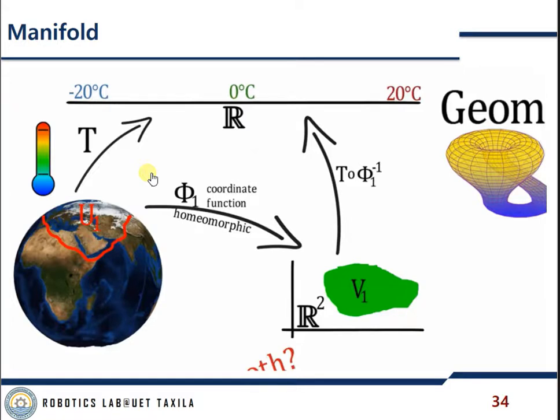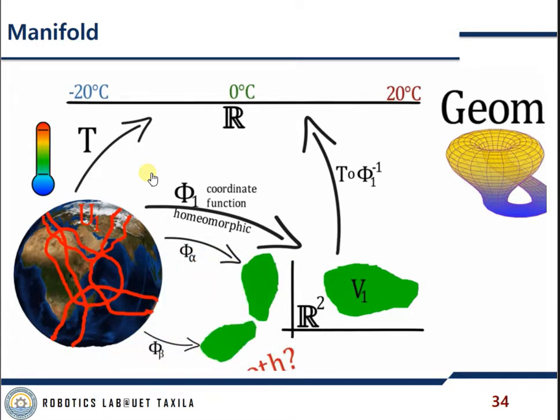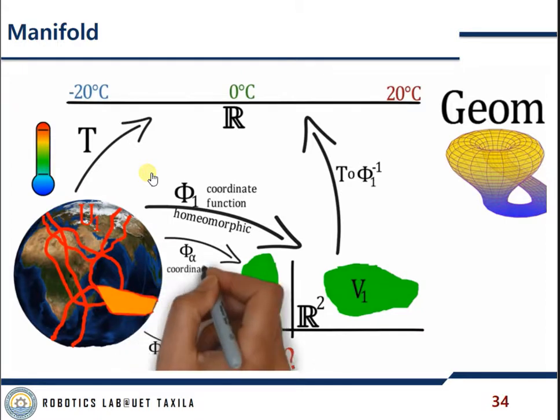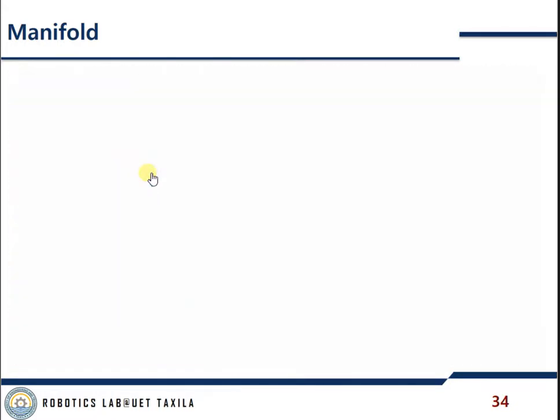Going back, we just zoomed in here, but we can also zoom in here, or anywhere, and find a map from R squared to R. In the end, we have covered the whole surface with sets and got an atlas of the Earth. Of course, there may be two or more charts covering the same area of the Earth. In this case, we require the transition maps or coordinate transformations phi beta after phi alpha inverse to be smooth. Now we are ready to give the full definition.